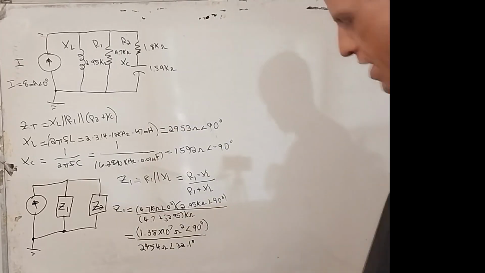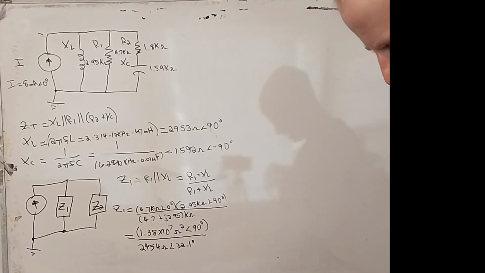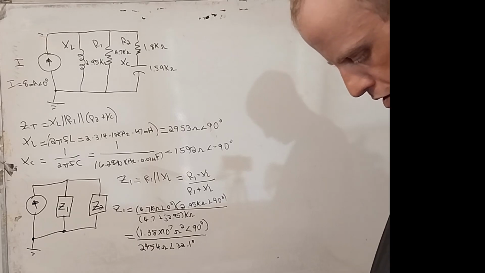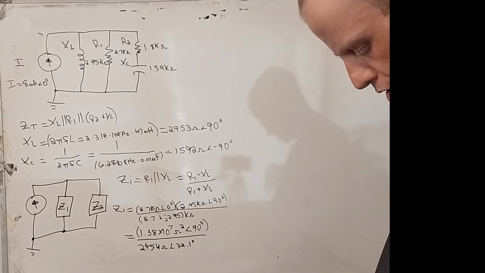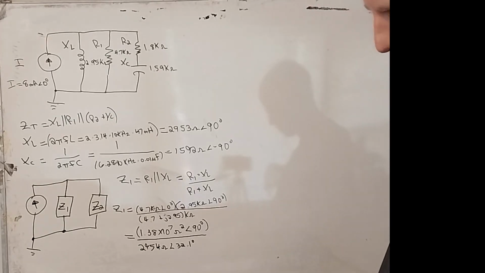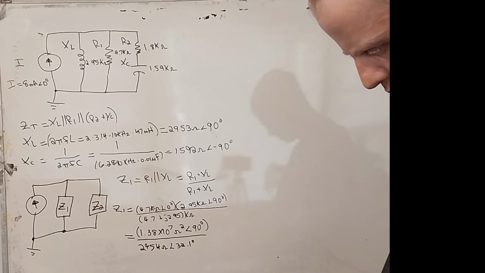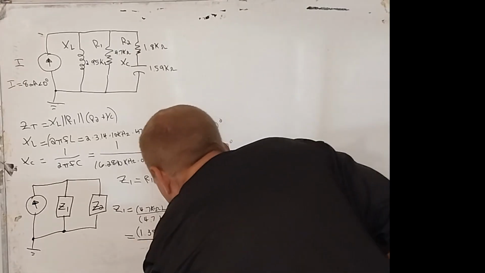Now, since we're using the whole value with the resistor, let's take the 4700 squared plus 2950 squared. Oh no, that's not right.